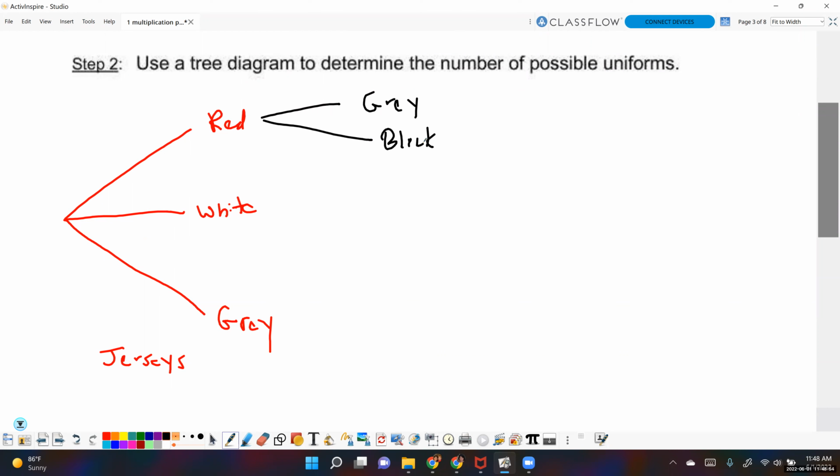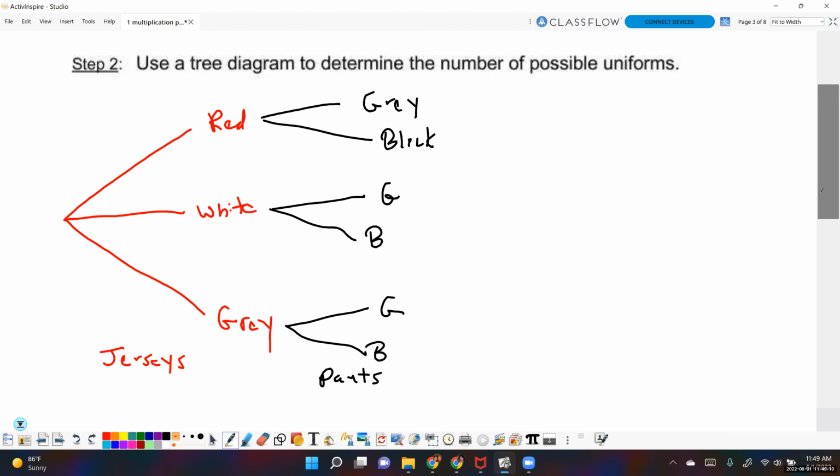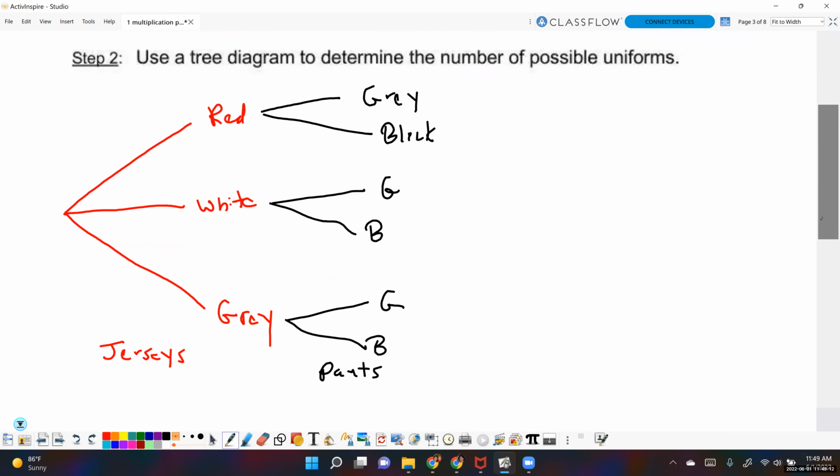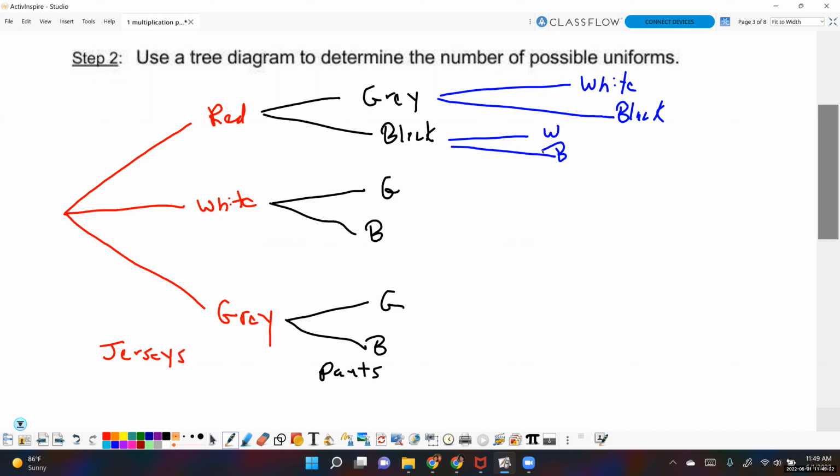If you write it out once, you can just go gray, black, gray, black for pants. Now we have shoes, and shoe colors are white or black. So we have white, black, white, black.